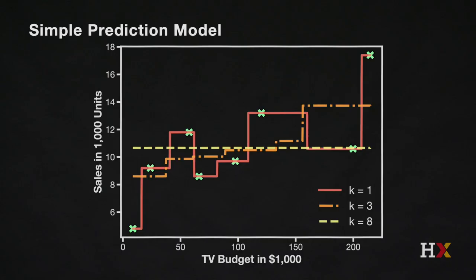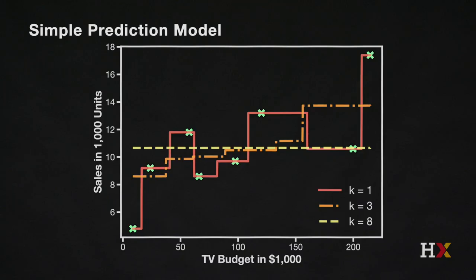Now we can do this for any number of nearest neighbors. We call it k. K equal to 1 is the one I saw before. K equal to 3, k equal to 8, or whatever we want k to be. For k equal to 8, since I only have 8 points, I'm returning to my original naive model, where I take all the points and average them.